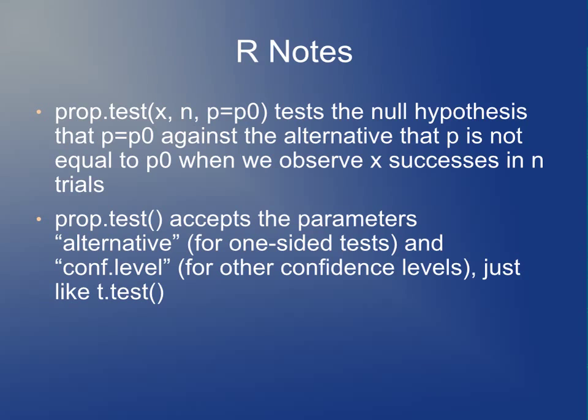So in general, prop.test, if you say x, comma n, comma p equals p0, it'll test the null hypothesis that the true proportion of success p equals p0, against the alternative that p is not equal to p0 when we observe x successes and n trials. And prop.test accepts parameters alternative, conf.level, most of the same parameters that you can give to t.test, you can also pass to prop.test.